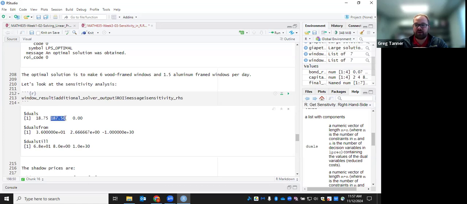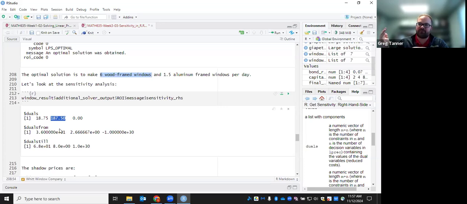This dual variable corresponds to the upper bound on wood framed windows. Currently, we're limited by that upper bound. We're making 6 wood framed windows, which is exactly the upper bound. We're willing to pay $187.50 if we can find a way to let Jacob make an extra window.